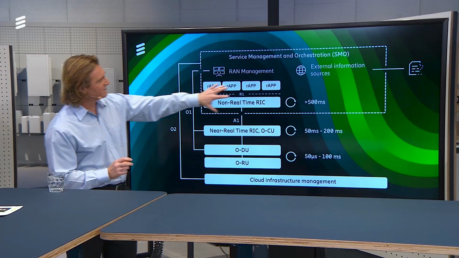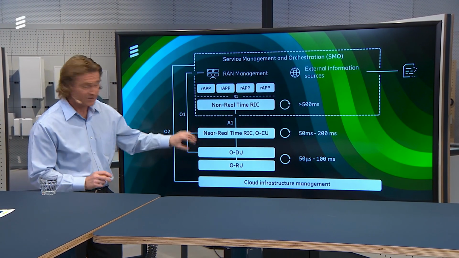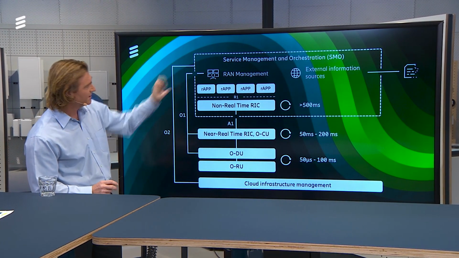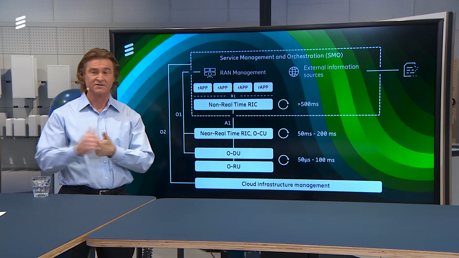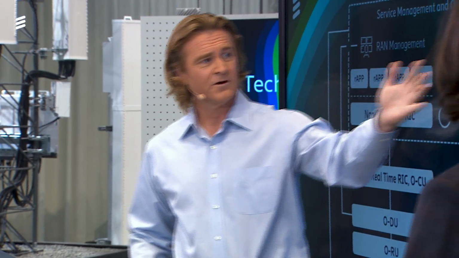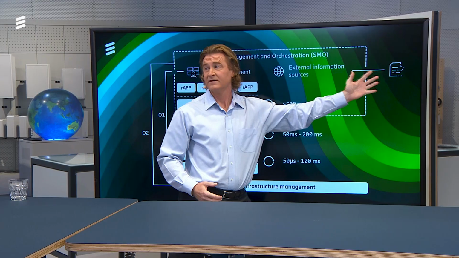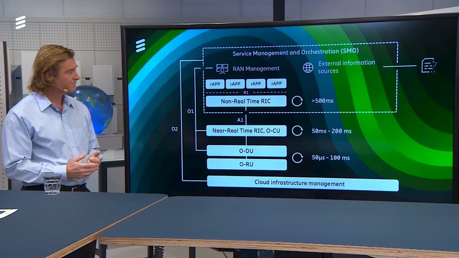So we see here that the non-real-time RIC can have access to real-time information from the RAN itself over this O1 interface. It also has access to all the information which is in the management system, such as configuration data, topology data, what goes on in the transport network, etc. And thirdly, we also can connect this to external information sources of any type, so you can have contextual information into the SMO, so it can be used by the non-real-time RIC.